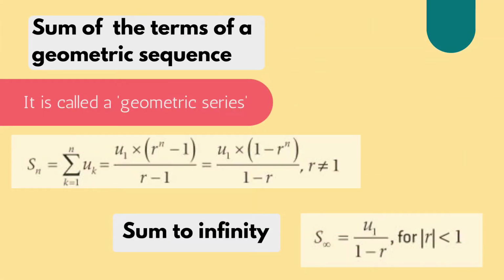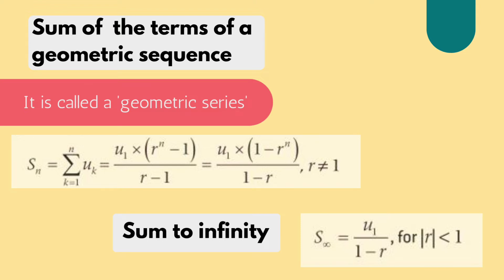And the sum of the terms of a geometric sequence is also called a geometric series. There are two formulas. When r is more than 1, we will use the formula S_n equals u_1 times (r to the power of n minus 1) divided by (r minus 1). However, when the r value is less than 1, we will use the formula u_1 times (1 minus r to the power of n) divided by (1 minus r).